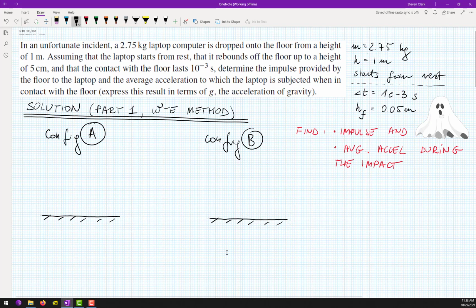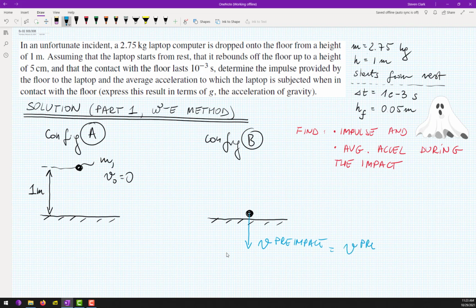I believe that our laptop starts from here, and it has mass m and initial velocity 0. I think that it is dropped from 1 meter. At the end, our laptop will be here, and it will have some velocity, v pre-impact, which is equal to v pre.